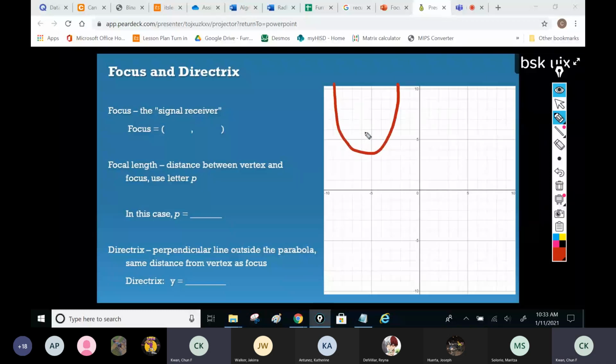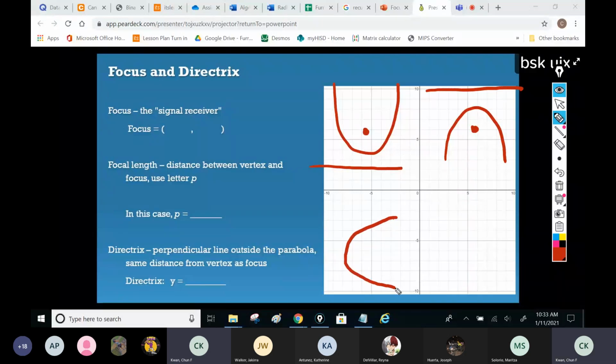Then you have the focus in here and the directrix right here. Or if the curve is upside down, you will have the focus right here on the inside and the directrix right out here. Or it could be sideways. If the curve is sideways like this, you will have the focus right here inside the curve, and the directrix like this.